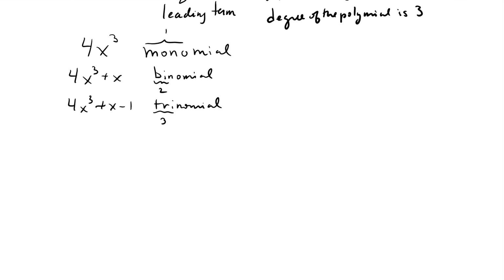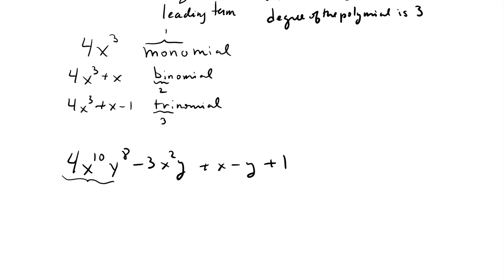Now I could also have a polynomial with many variables, maybe with 2 variables, like this. So this is a polynomial with 2 variables. It has 1, 2, 3, 4, 5 terms. I could look at the degree of each term.